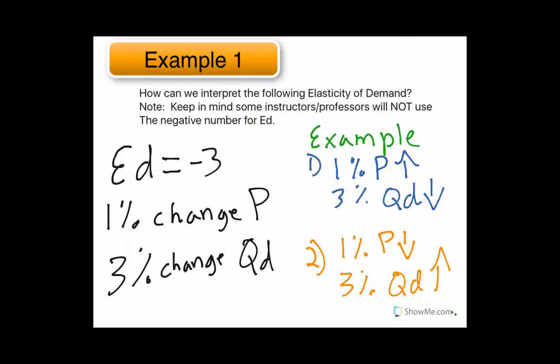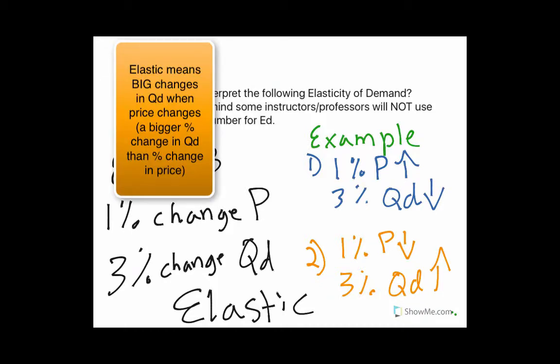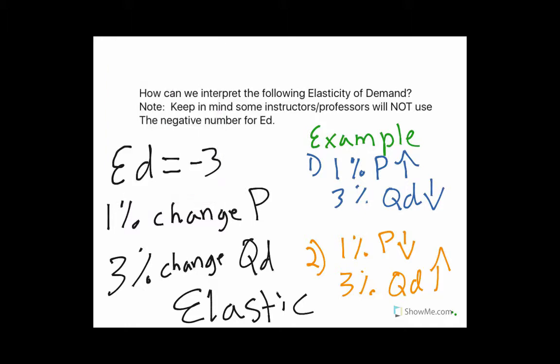And with this increase and decrease, we can call this elastic, because you can see if there's a 1% increase or decrease, there is a 3% increase or decrease to quantity demanded. So it would just be big changes in price and quantity demanded. As you can see, there would just be a big change in quantity demanded when price is changing.